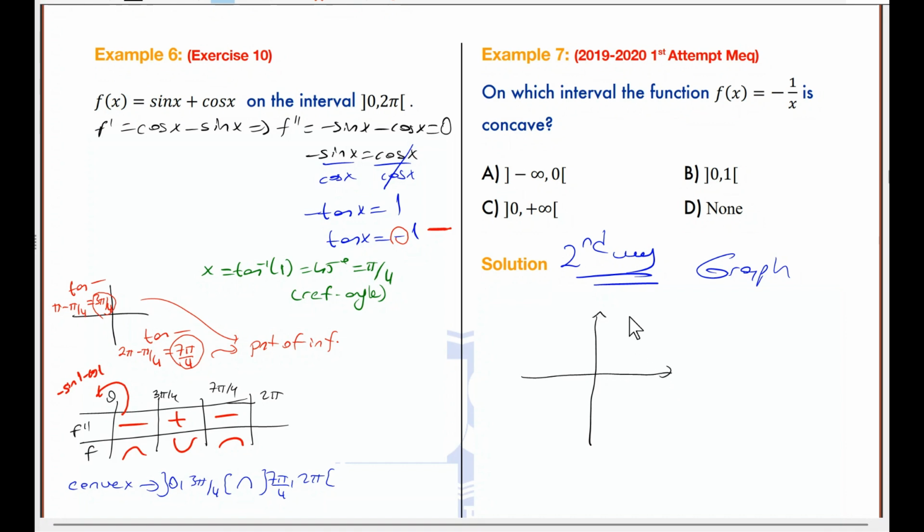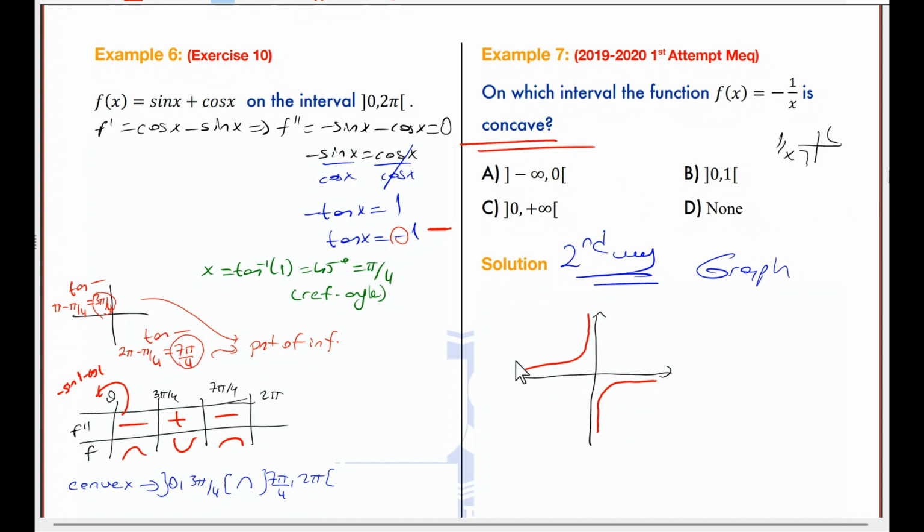You are supposed to know the parent function. This is a reflection of a parent function. 1 over x is an inverse function whose graph will look like this. Since there is a minus in front, we will have a reflection. So you reflect your graph. That's going to be your function's graph. By looking at this graph, you can identify the concave interval.